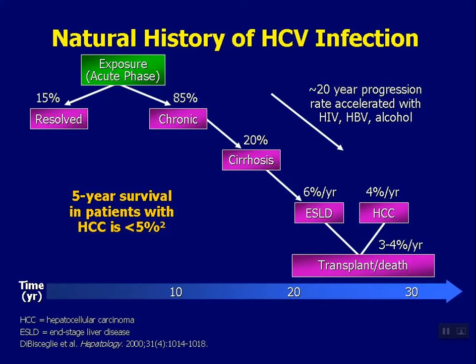When you meet a patient with cirrhosis, you must treat him to delay the progression to end-stage liver disease, detect hepatocellular carcinoma early, and refer your patient for liver transplant as early as you can.